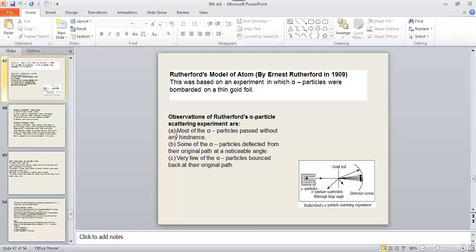The second observation is that some of the alpha particles are deflected from their original path by a noticeable, measurable angle. Then a few alpha particles bounce back along their original path, that is, one of the alpha particles is sent back from the original path.